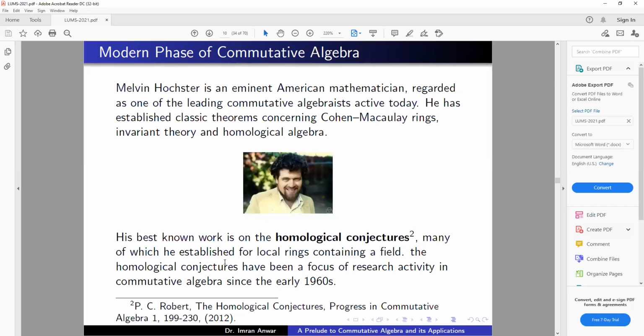This is one of the major projects going on, on homological aspects of commutative algebra, whose founder is Melvin Hochster. There is a record of this in the paper of P.C. Roberts, The Homological Conjectures. For those interested in putting their hands on those problems, the list is available.